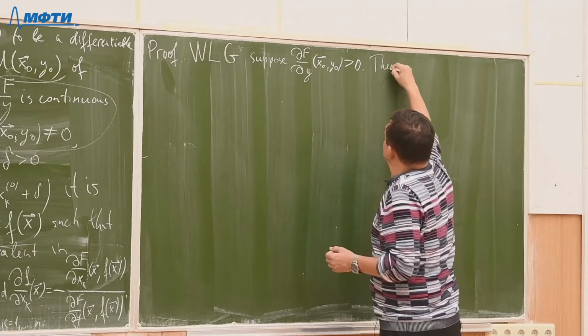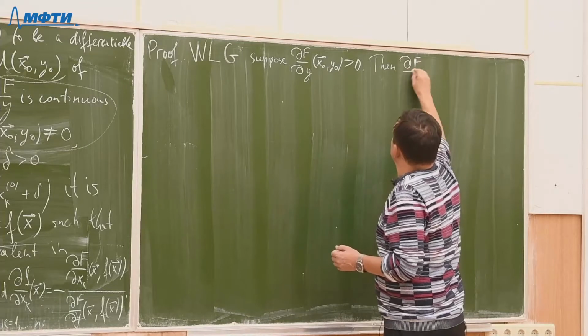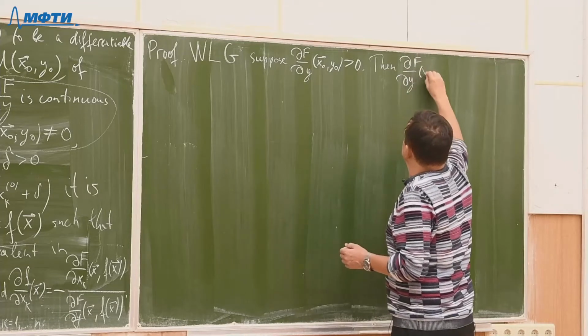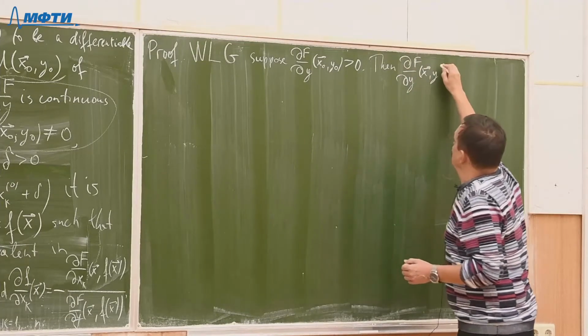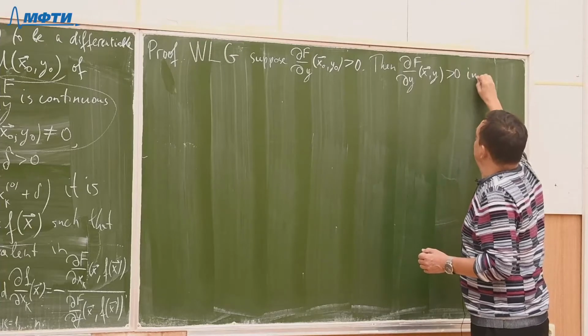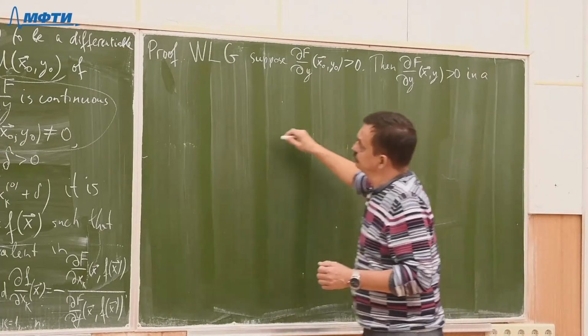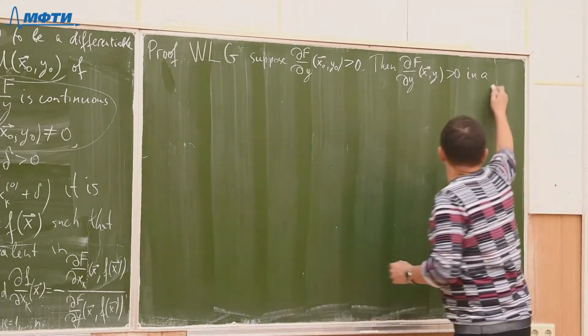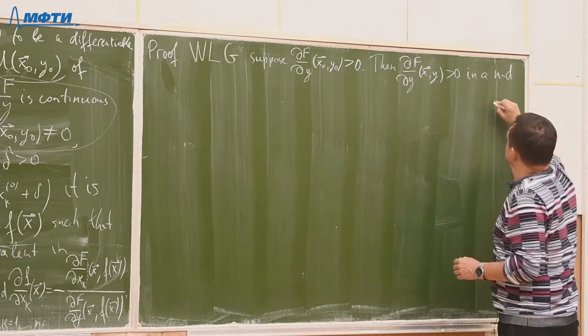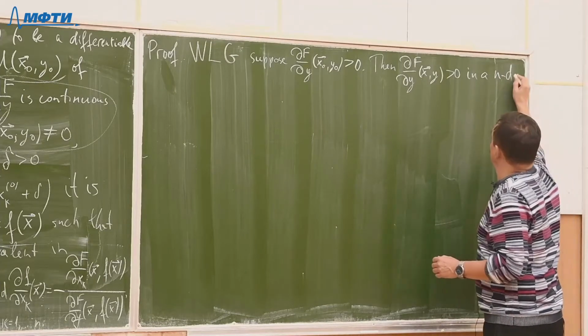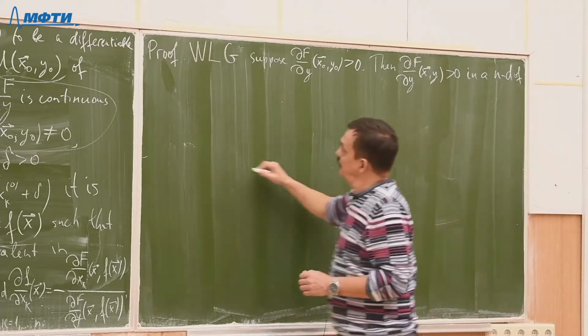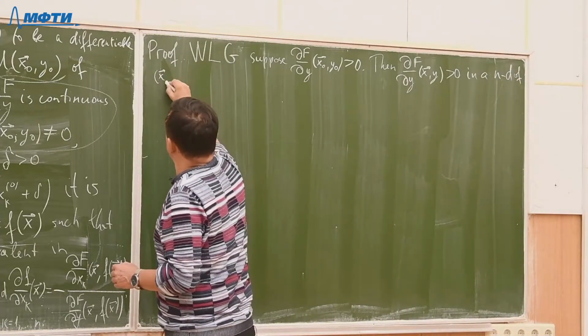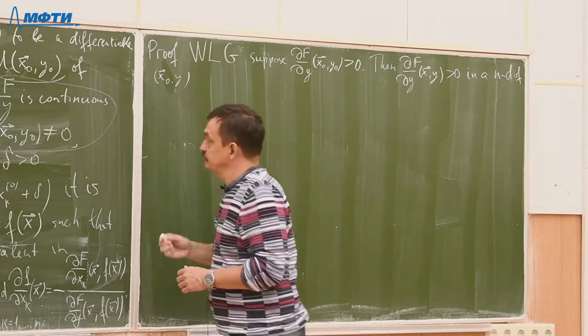Then this partial derivative also is positive in a neighborhood of x naught, y naught.